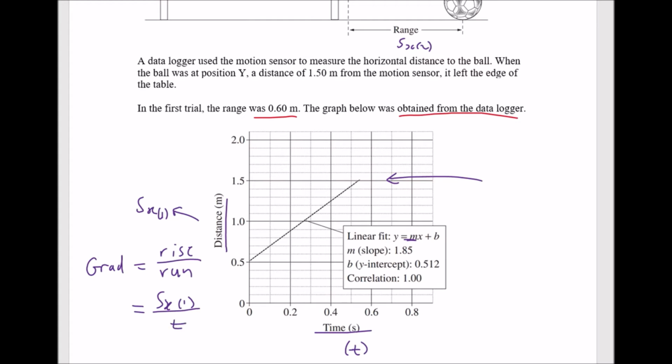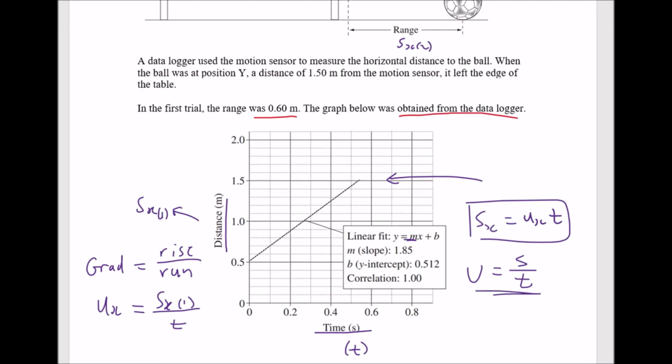Well, nice little one here. If you recall from your kinematics equations, Sx equals ux t. So the gradient value that we get is ux. Another way you can think about it, besides just using the kinematics equation, think about when we talked in year 10 when we said velocity equals displacement over time.